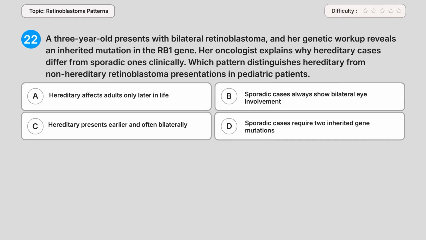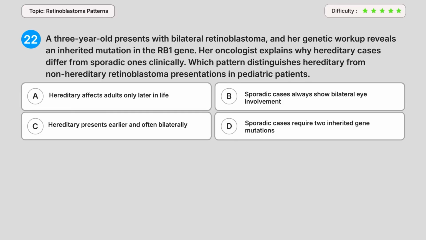Question 22. A 3-year-old presents with bilateral retinoblastoma, and her genetic workup reveals an inherited mutation in the RB gene. Her oncologist explains why hereditary cases differ from sporadic ones clinically. Which pattern distinguishes hereditary from non-hereditary retinoblastoma presentations in pediatric patients?